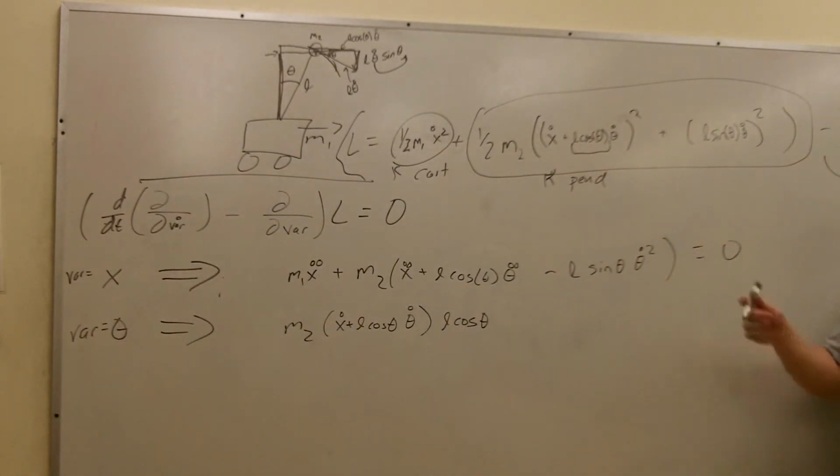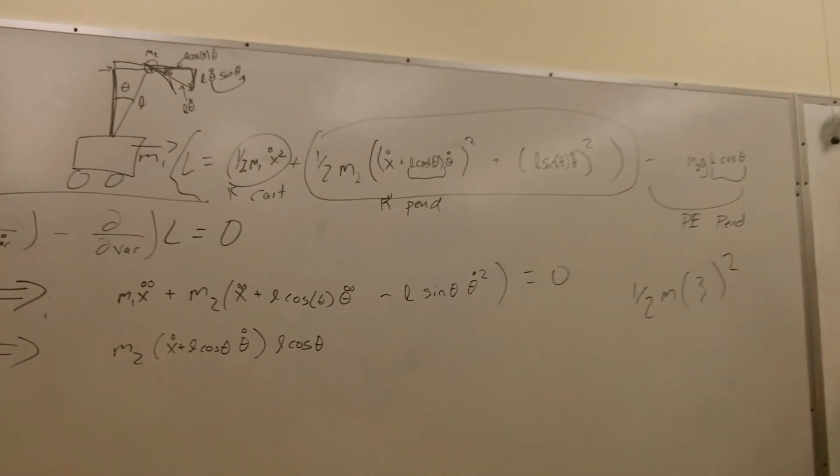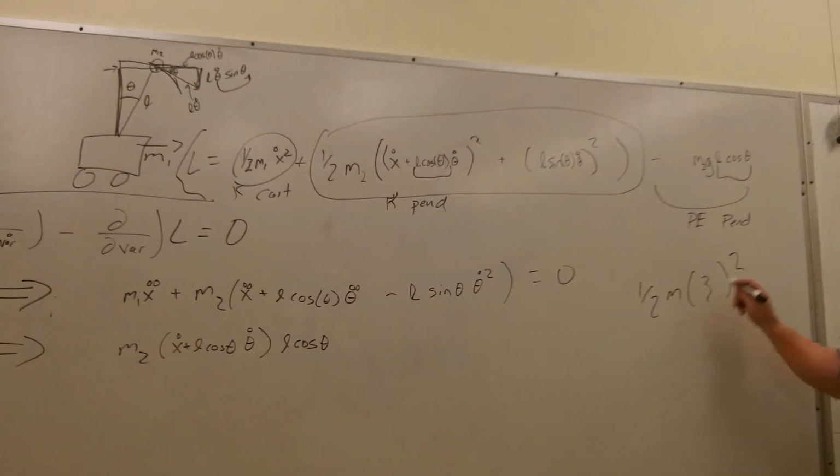Remember, this is the derivative with respect to one half m some variable squiggle squared. Because a lot of people are staring at me again like, oh my God. I get the 2 times one half m squiggle, times the derivative of squiggle, when I'm taking it with respect to some other variable.